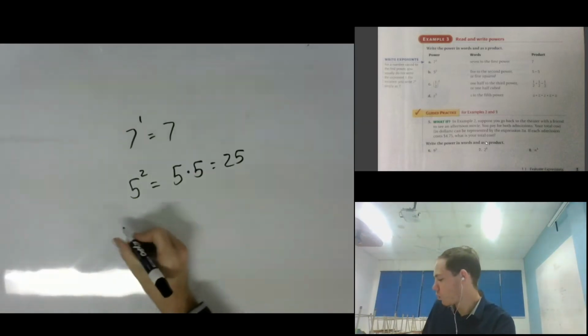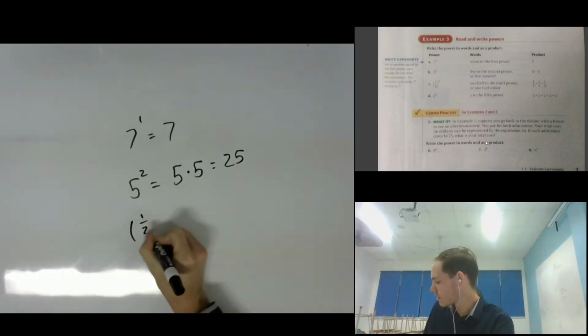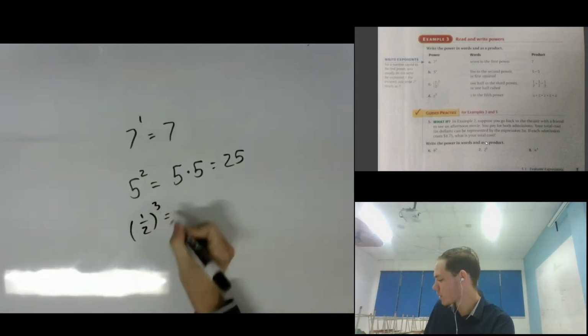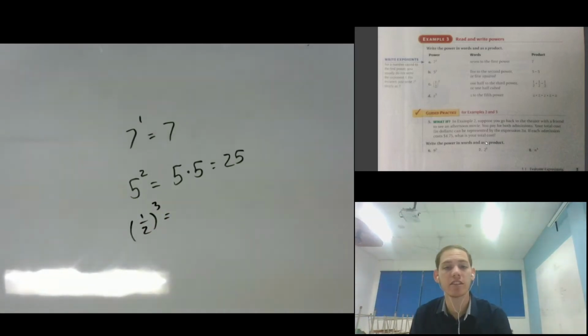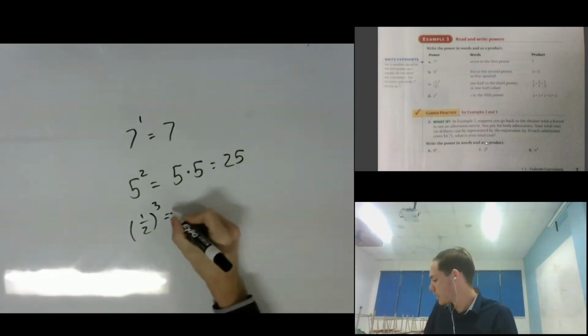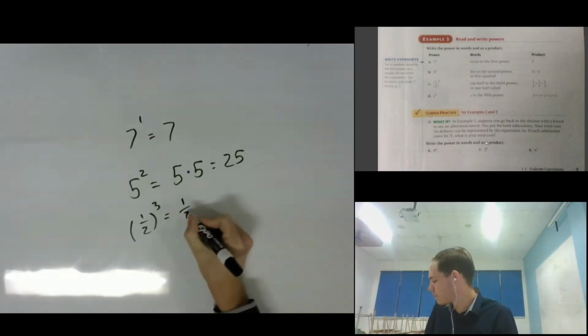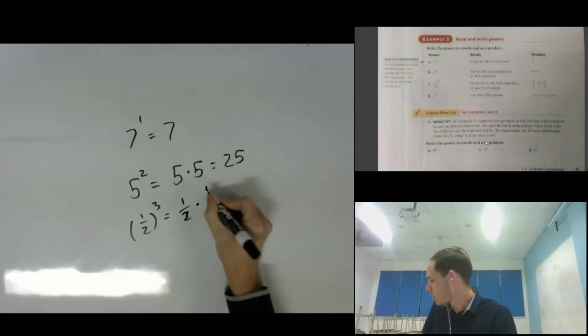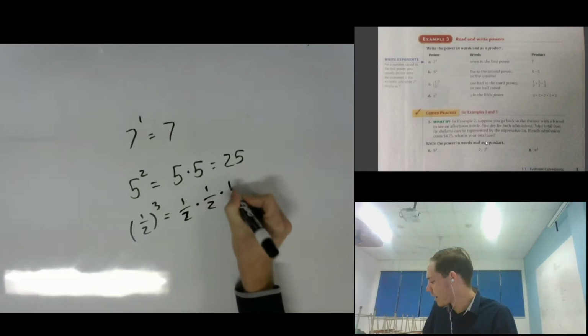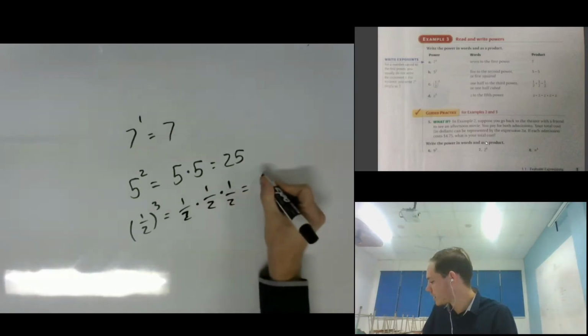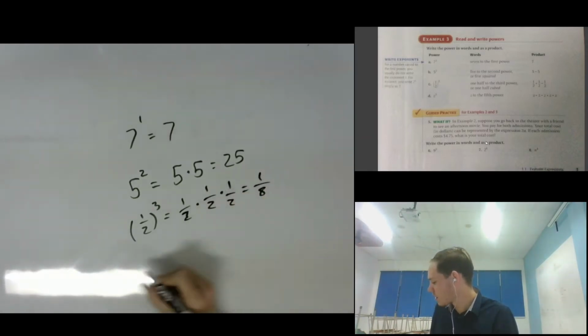What about 1/2 to the 3? Well, that would be 1/2 to the third power, or 1/2 cubed. Cubed is 3 dimensions. So 2 is squared, 3 is cubed. So we write 3 factors of 1/2, which would give us 1/8.